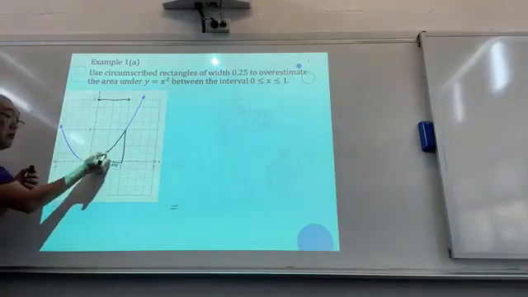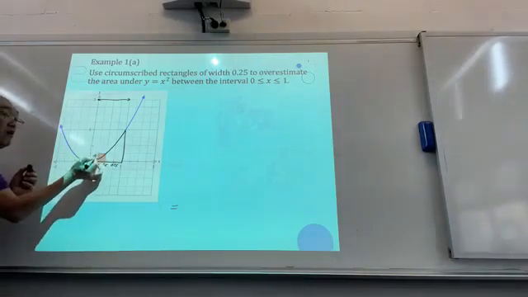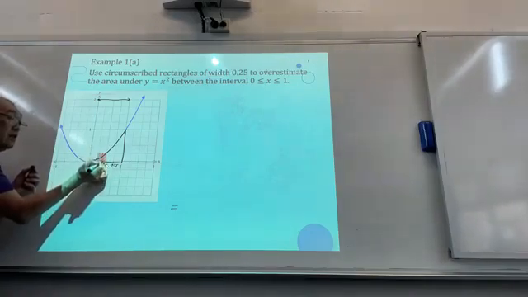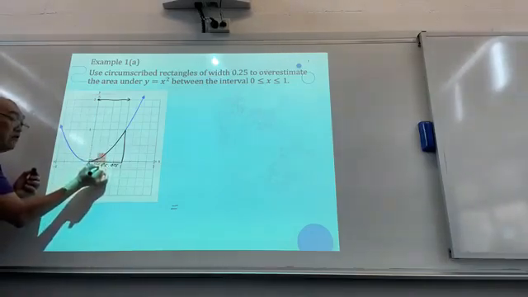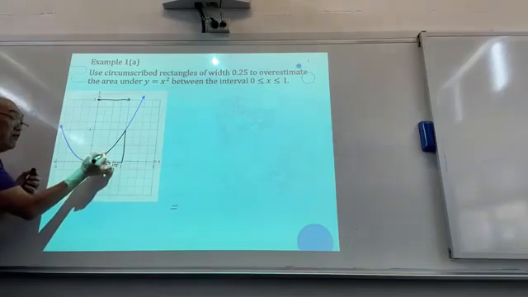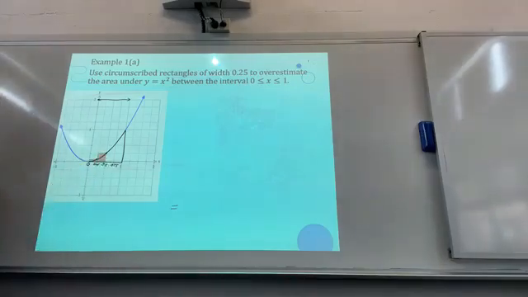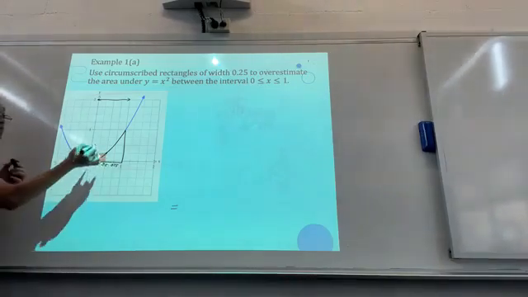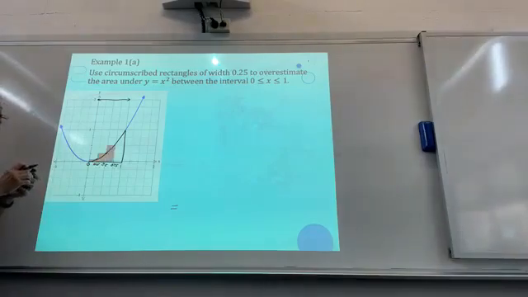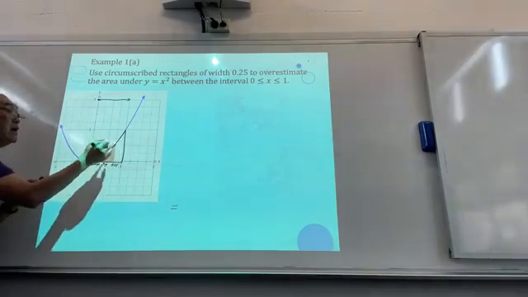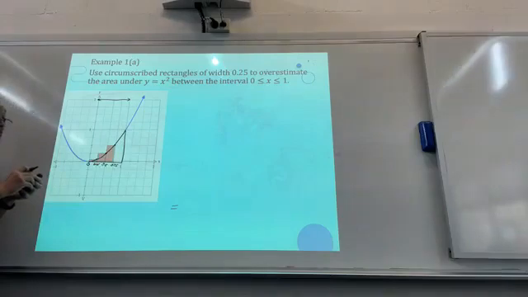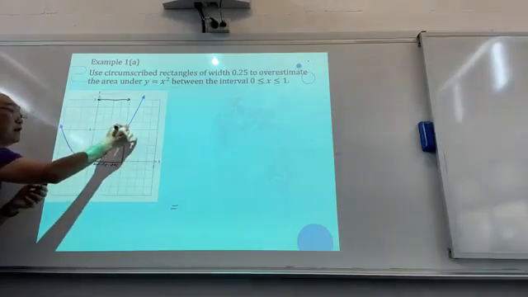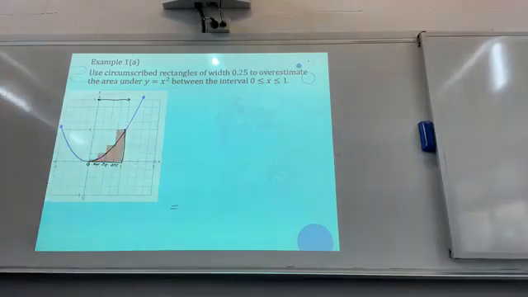I extend that up. Circumscribe, I want to be over. So this line to 0.5, you know that's 0.5. This is the other line, the other point. All right? And then one more, this point here. And finally, the last point is when x is equal to 1.